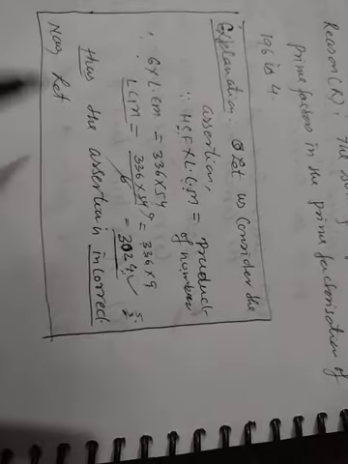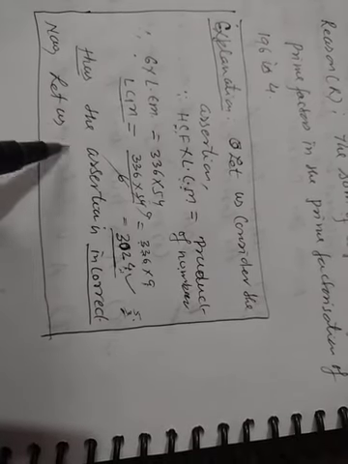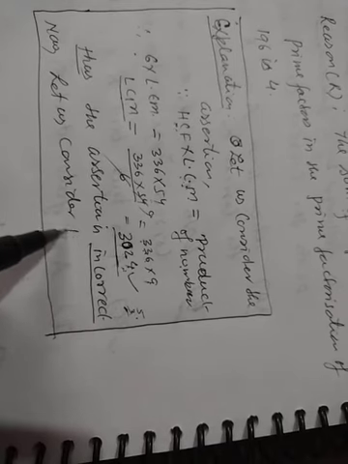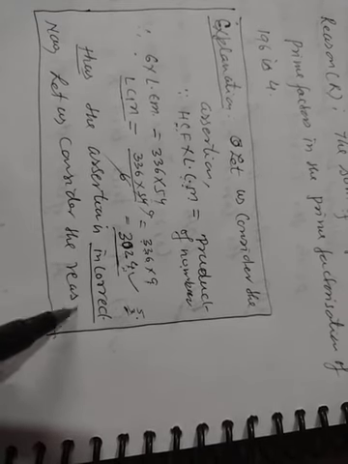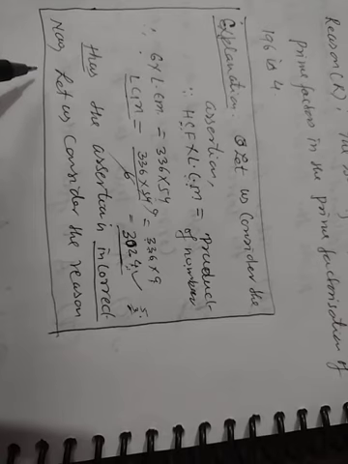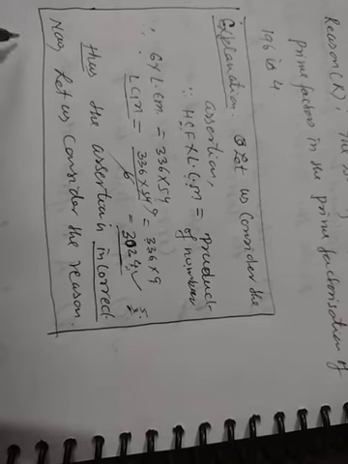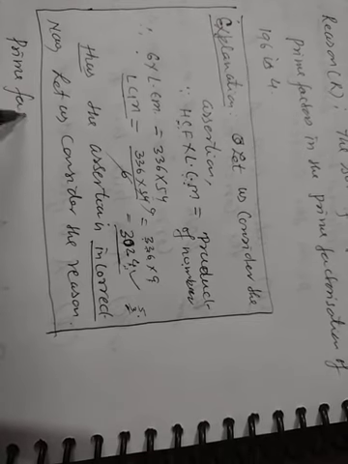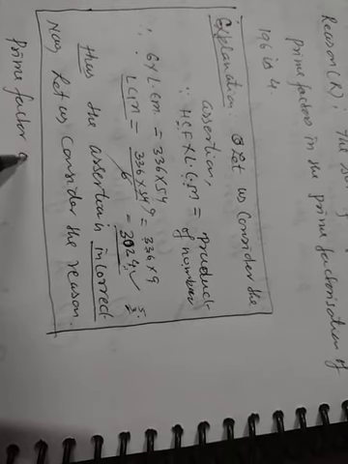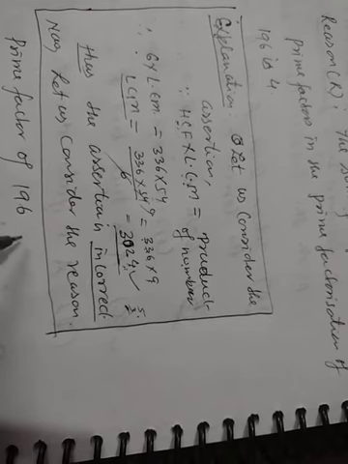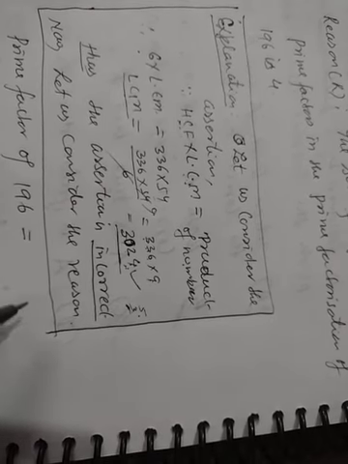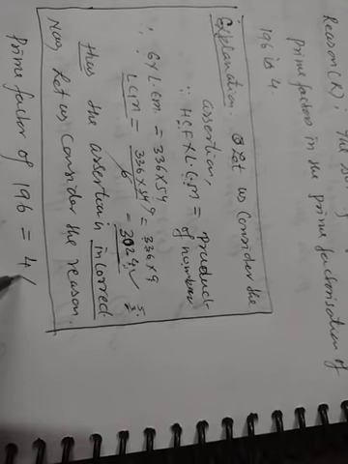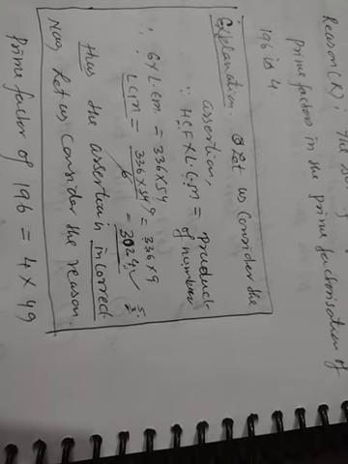Now let us consider the reason. Now the prime factors of 196: 196 is equal to 4 into 49.